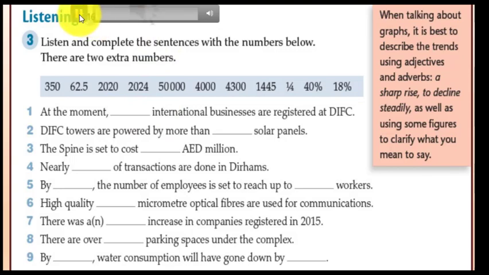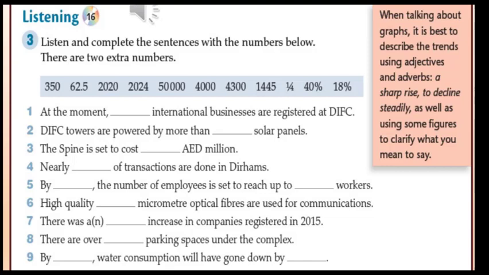1. At the moment, 1,445 international businesses are registered at DIFC. 2. DIFC towers are powered by more than 4,000 solar panels. 3. The spine is set to cost 350 AED million. 4. Nearly a quarter of transactions are done in dirhams. 5.